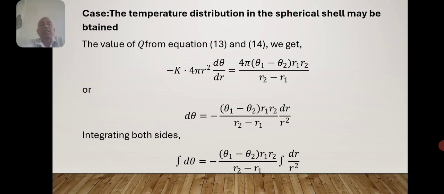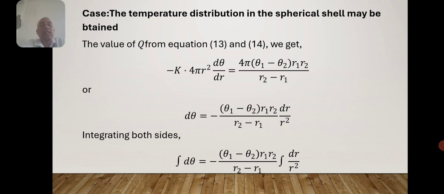Now we will discuss one case, that is, the temperature distribution in the spherical shell, which may be obtained. The value of Q from equations 13 and 14, we get minus K into 4 pi r square d theta upon dr equals 4 pi K into the bracket theta 1 minus theta 2 bracket close into r1 r2 upon r2 minus r1.